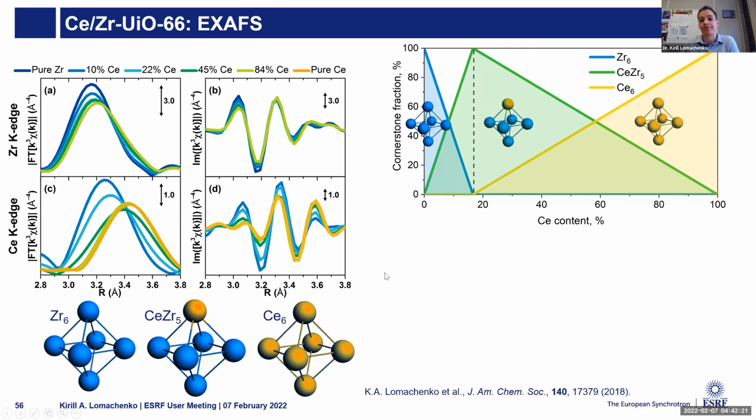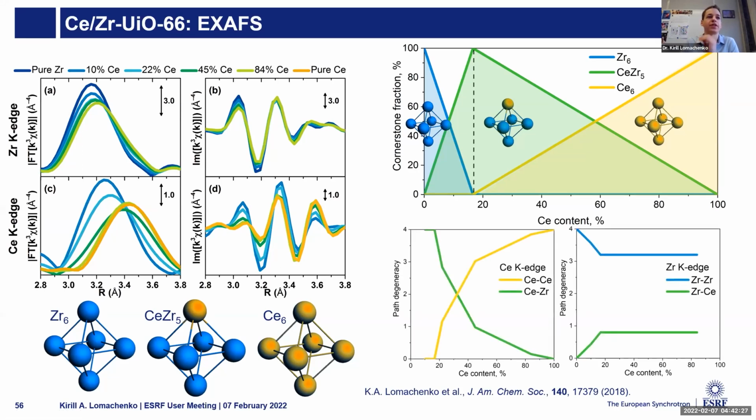What would it give us? So at the cerium K edge, for example, with the increase of cerium content, the peak would shift to higher R, because you have more and more contribution of cerium-cerium scattering, and the distance between cerium and cerium is higher than the distance between cerium and zirconium.